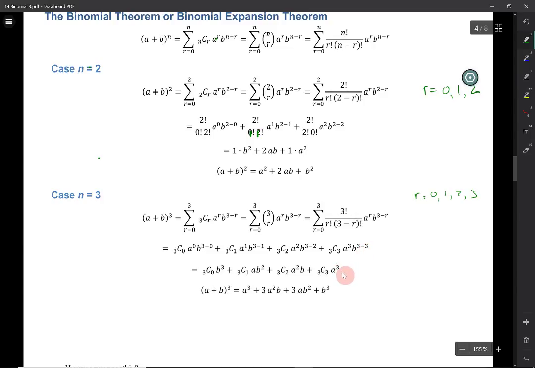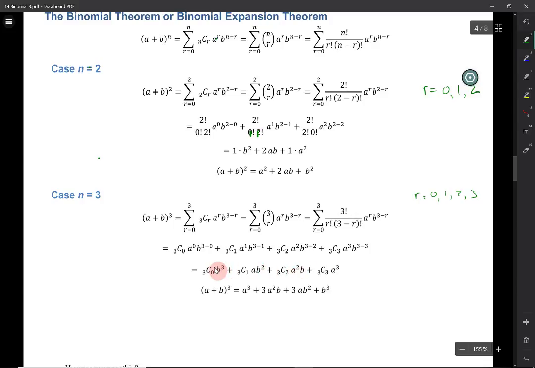Now b to the 0 power is 1, so we omit it. So the power of b has gone from 3 to 2, 1, 0.